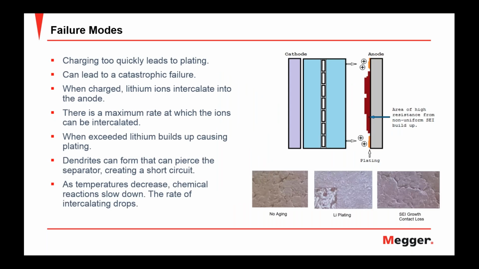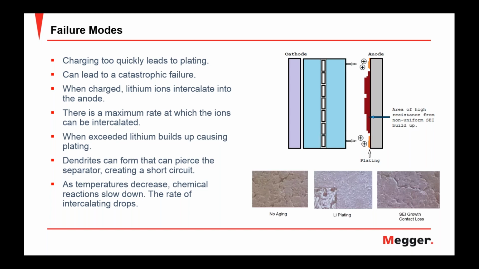Another failure mode you can get in lithium-ion batteries is called lithium plating. This occurs when they're charged too quickly. Now, in a lithium-ion battery, lithium ions are transferred between the plates. The anodes can only accept the ions at a maximum rate, or a maximum rate of intercalation.